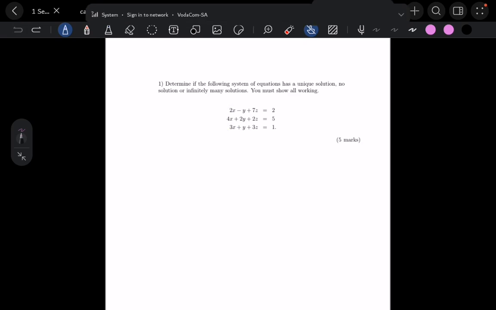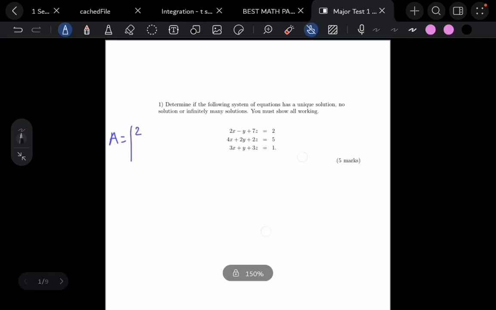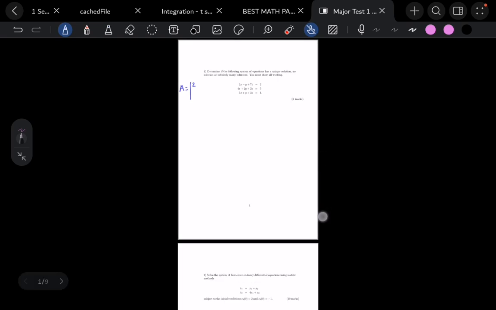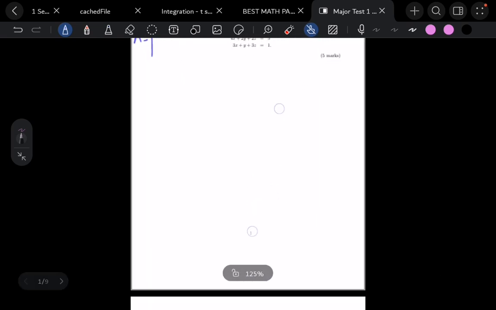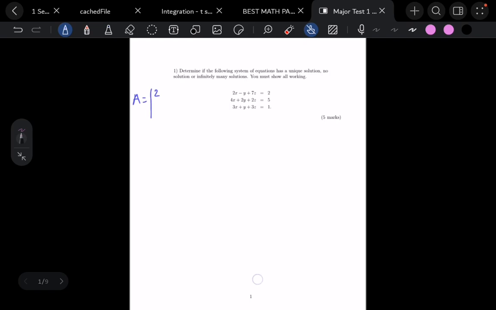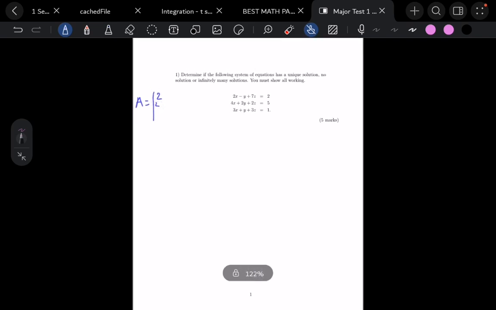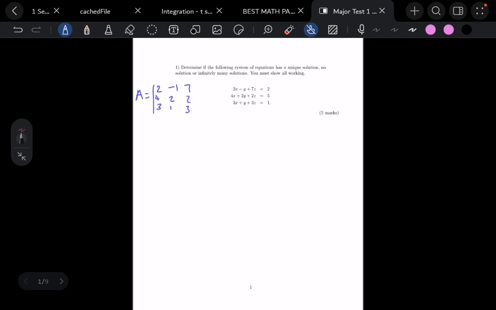So I'm going to take out your matrix A. The matrix A is going to be 2, 4, 3, negative 1, 2, 1, 7, 2, 3.